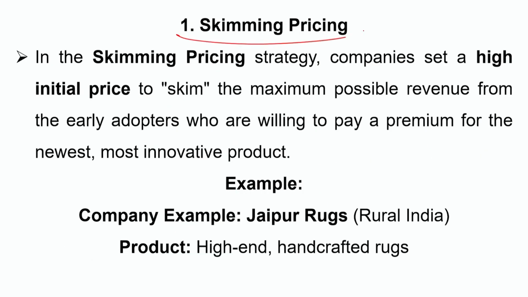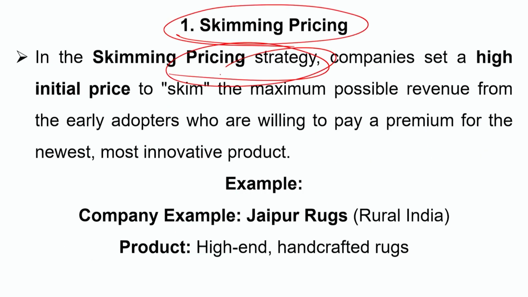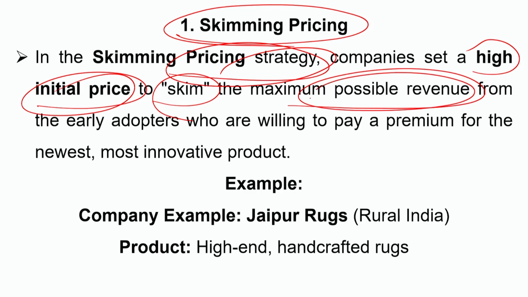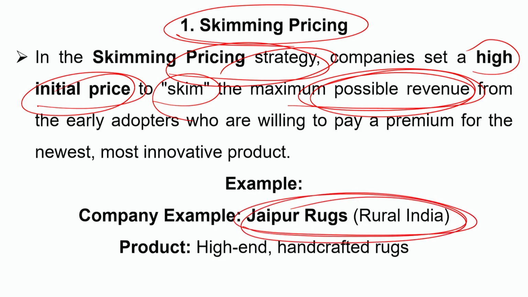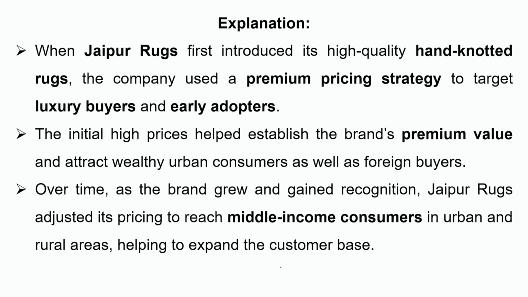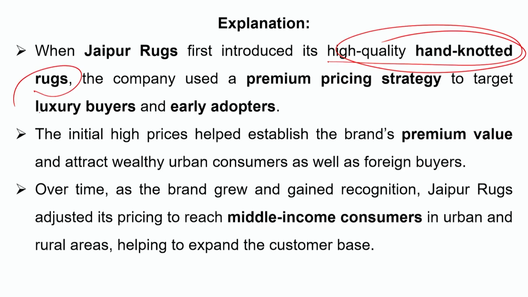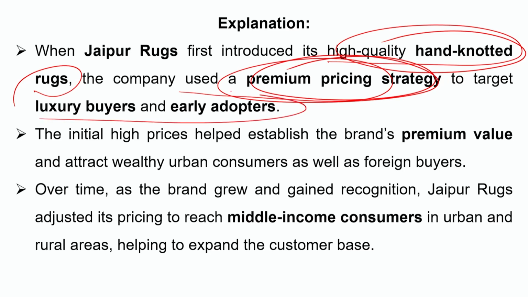The first one is skimming prices. In skimming prices strategy, the company sets a high initial price, as I told you, to skim and maximize possible revenue. It is generally targeted toward premium customers. Like I let you know about Jaipur Rugs, a rural company generally dedicated to high end handicraft rugs. They introduce high quality hand knotted rugs and use premium pricing strategies to target luxury buyers.